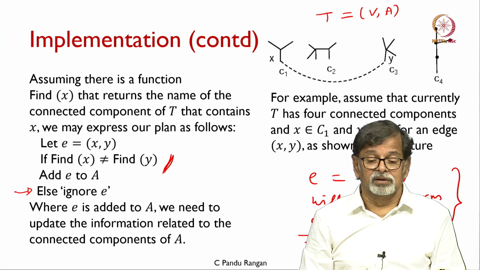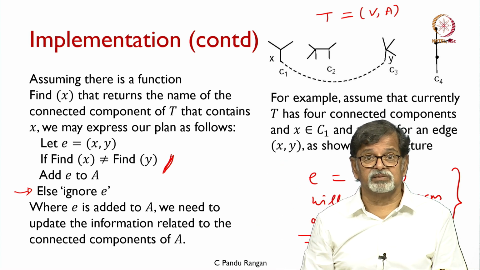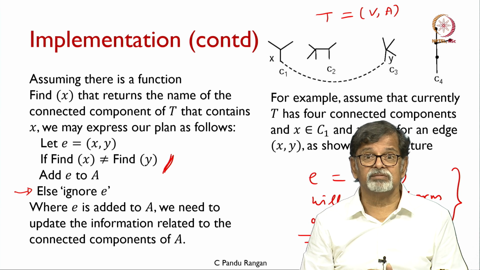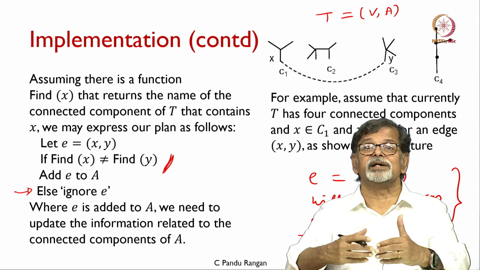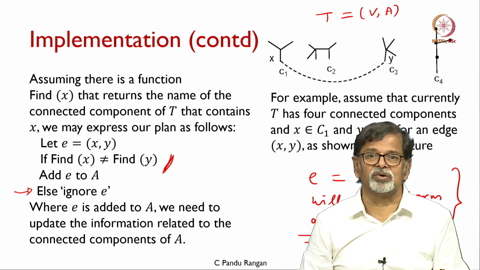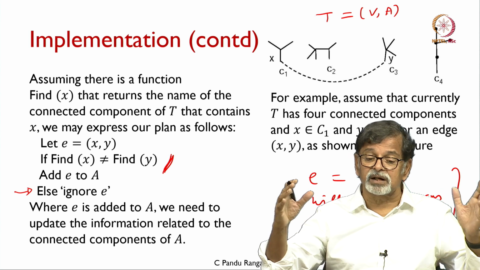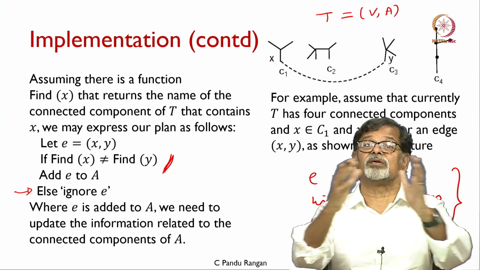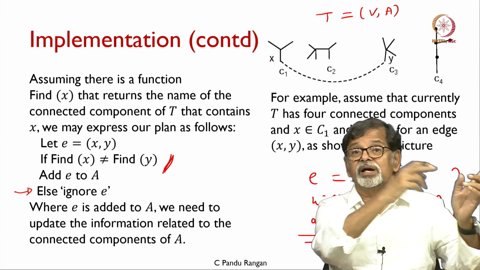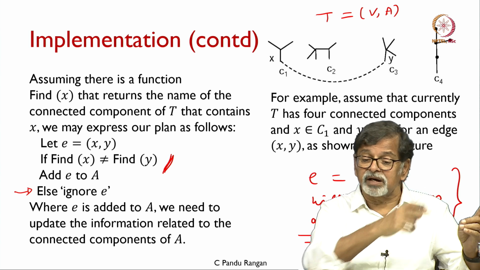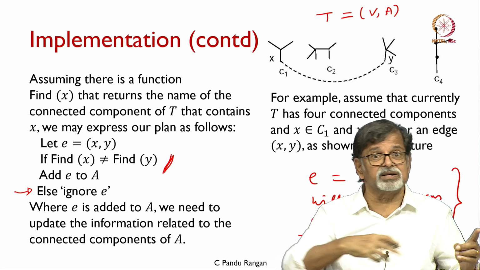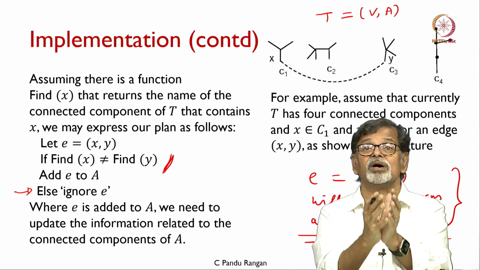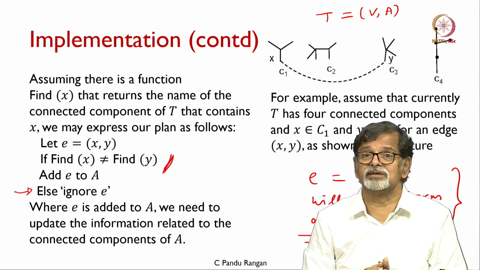Now, the dotted line, it is an edge, it has been included. So, A is updated by the addition of one more edge. Now, the connected components C1 and C3 are fused together. Now, any vertex in C1 can go to any vertex in C3 and vice versa. So, that becomes one single component.